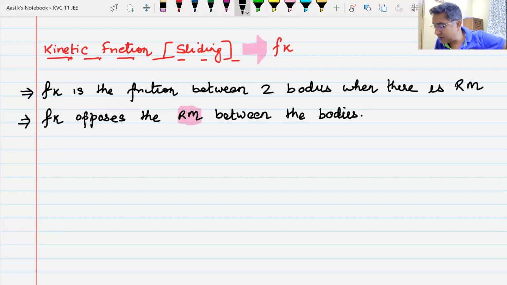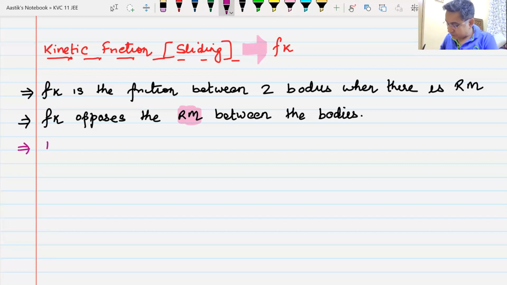Now, whenever we talk about friction, friction is a force. So whenever we talk about a force or any vector, we must think about two things: magnitude and direction.